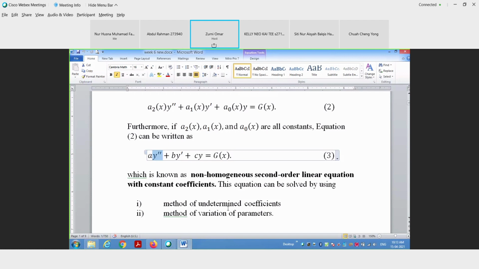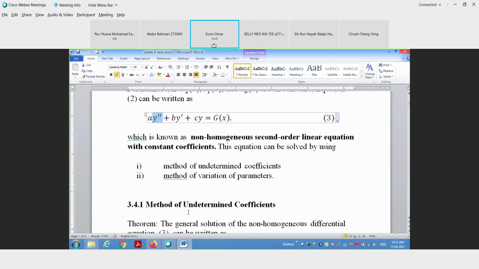Later on, probably next week, we will find the solution by using the reduction method. But today, two methods.